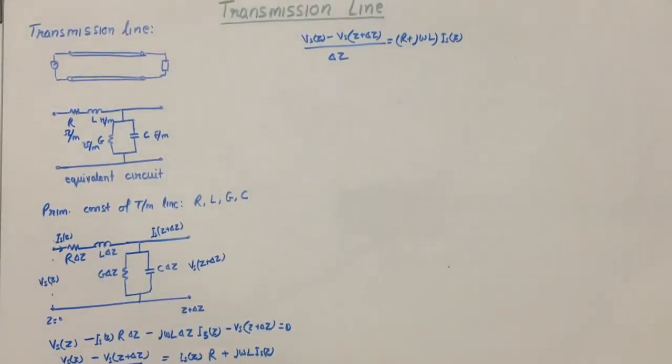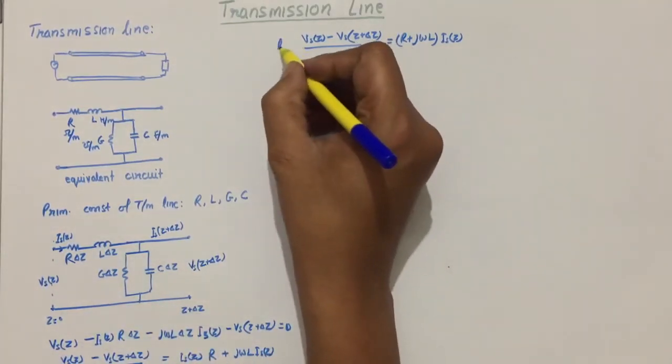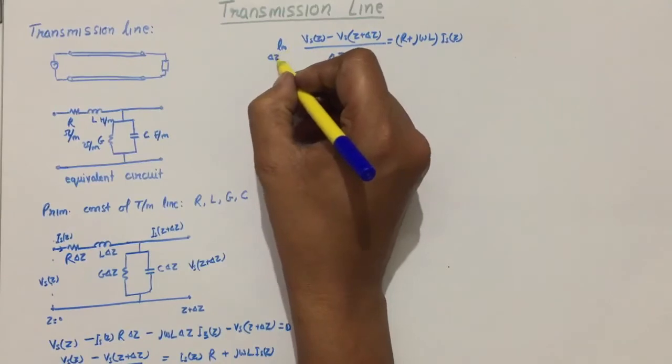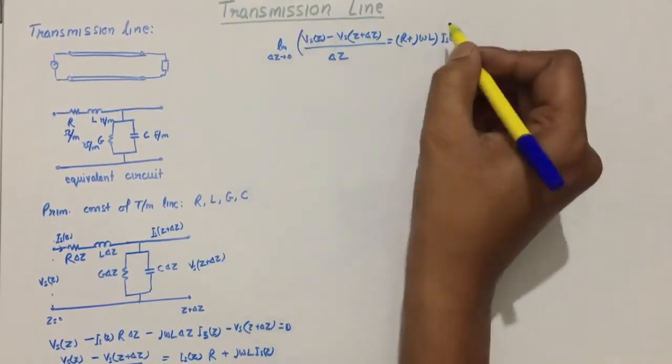Okay. Now if we consider that delta z is very small, we can write it like this: limit delta z tends to 0.